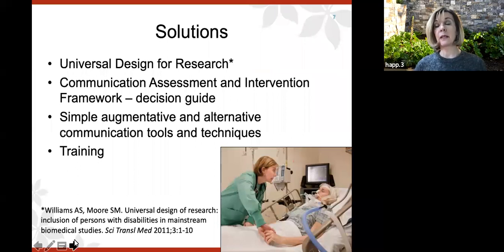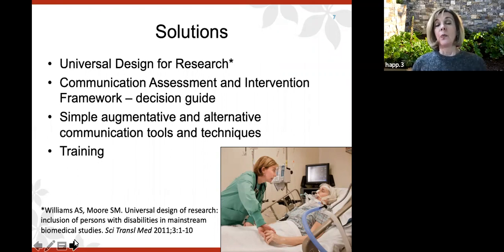So what solutions do we have? Well, we're recommending using universal design for research approaches, and we've provided some really good references and recommendations for universal design.